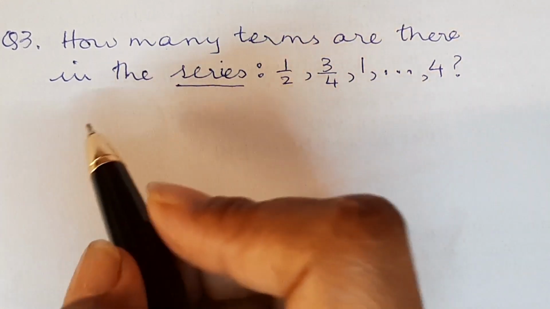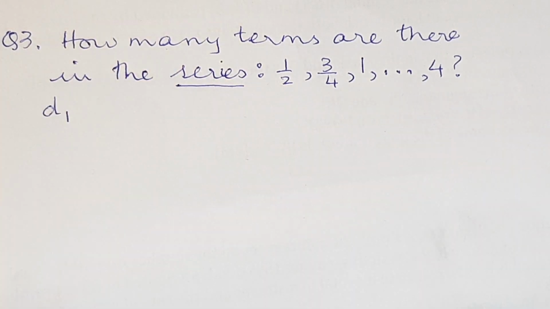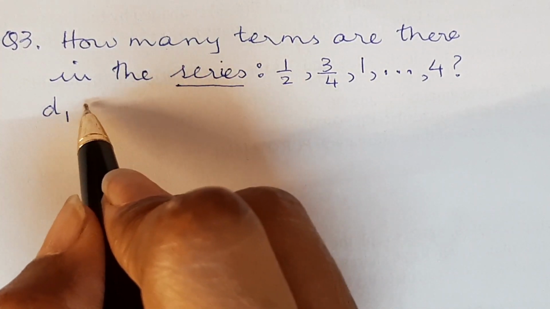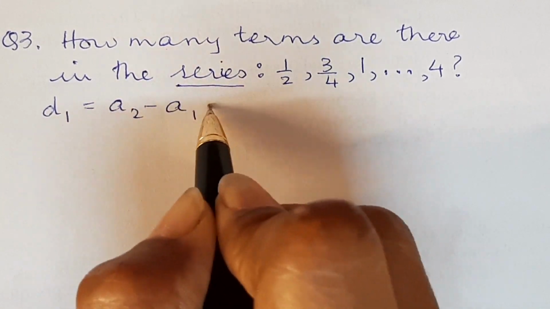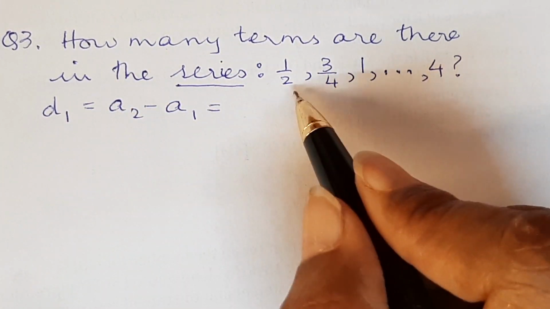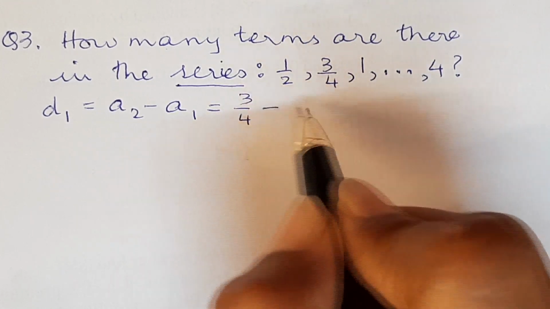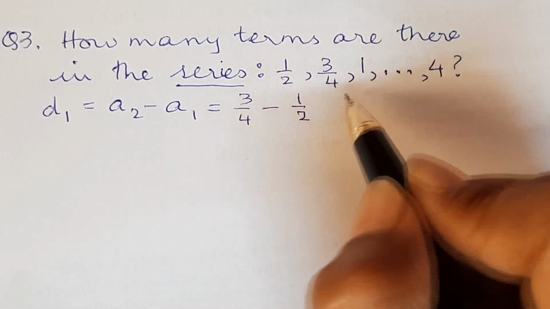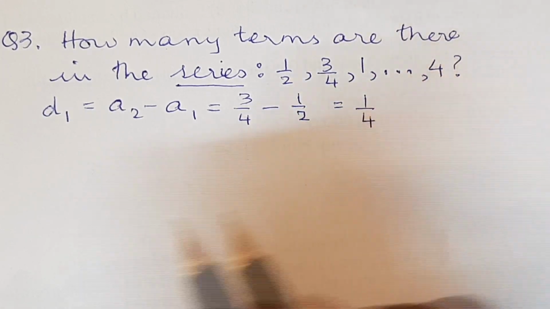So what we are going to do is, we are going to find first the difference D1. D1 is going to be equal to A2 minus A1. This is our A2, this is our A1. So we will write 3 upon 4 minus half. So 3/4 minus half is 1 upon 4.